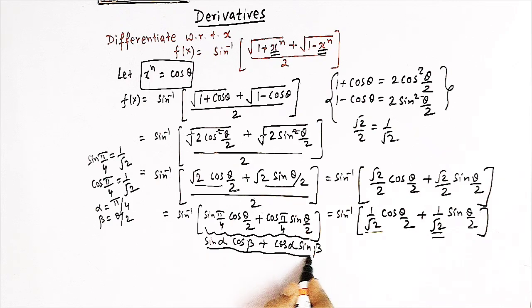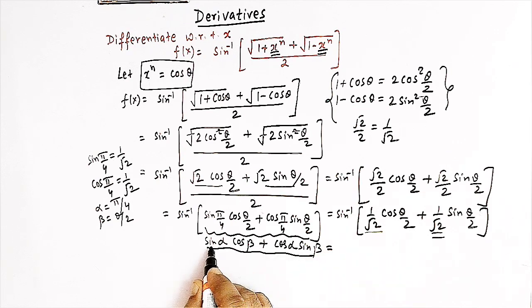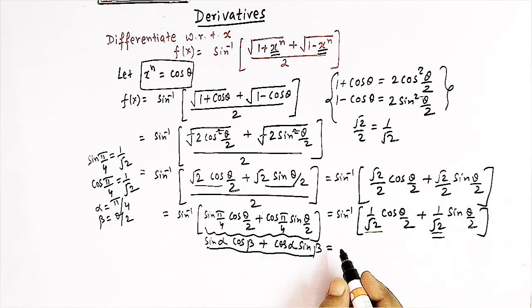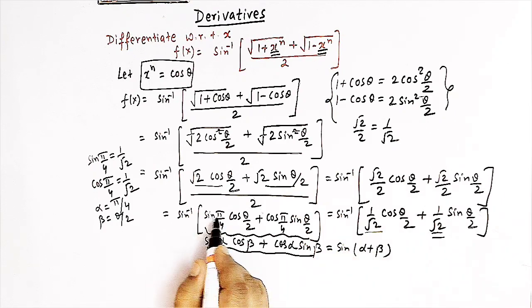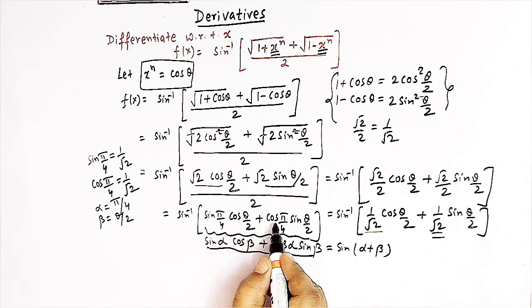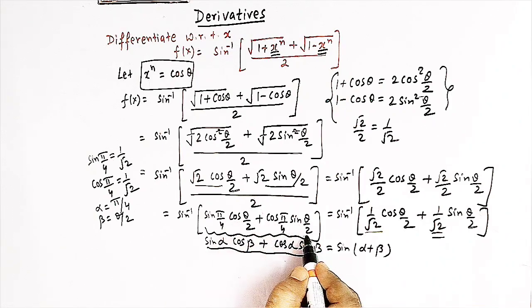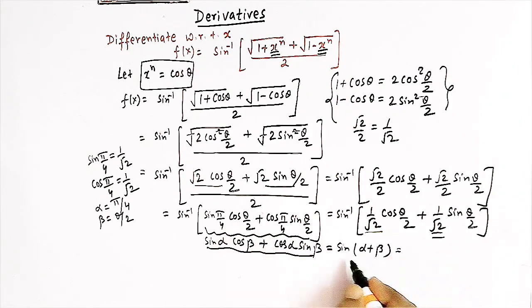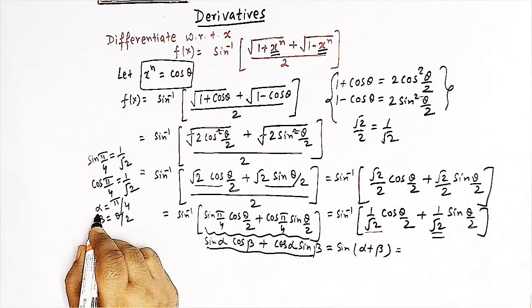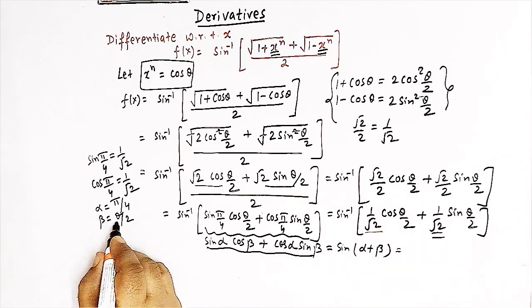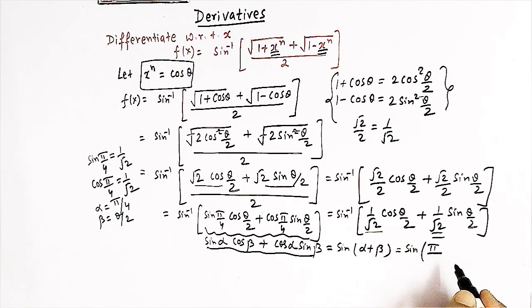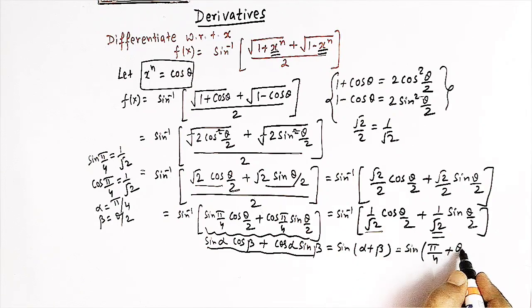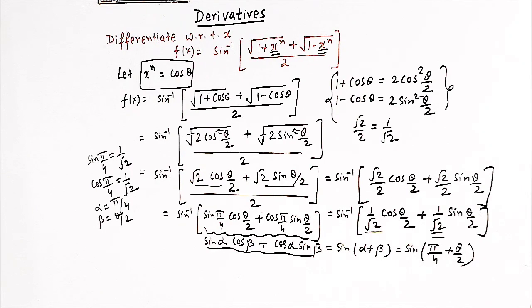This is the well-known angle sum formula for the sine function, so we have sine of alpha plus beta. So sine pi by 4 cos theta by 2 plus cos pi by 4 sine theta by 2 is equal to sine of alpha plus beta, where alpha is pi by 4 and beta is theta by 2. So we have sine of pi by 4 plus theta by 2.